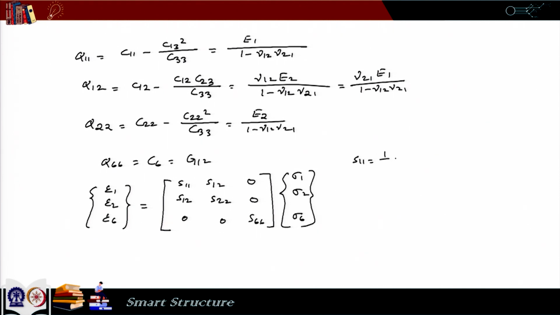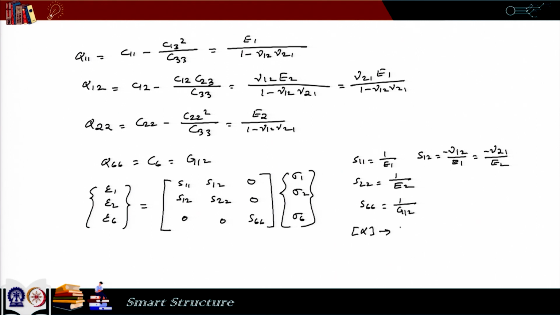S11 is 1 by E1, S12 is minus nu12 by E1, which can also be written as minus nu21 by E2. S22 is 1 by E2 and S66 is 1 by G12.